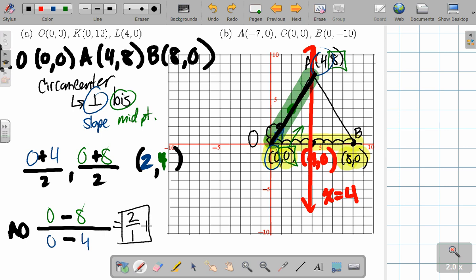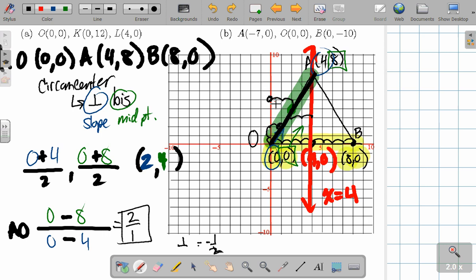So our perpendicular slope is going to be what there? Good. Our perpendicular slope is going to be -1/2. So now let's just immediately graph our line so we can see it. We're going to go down 1, over 2, up 1, and left 2. Using a straight edge, go ahead and graph your line.